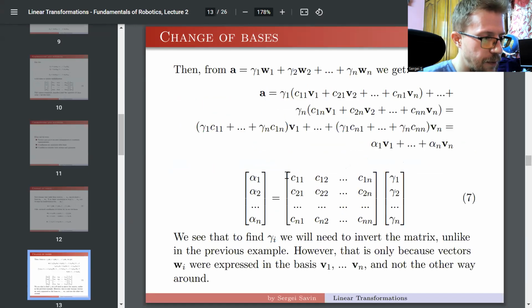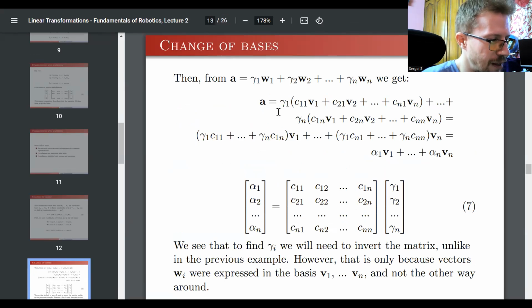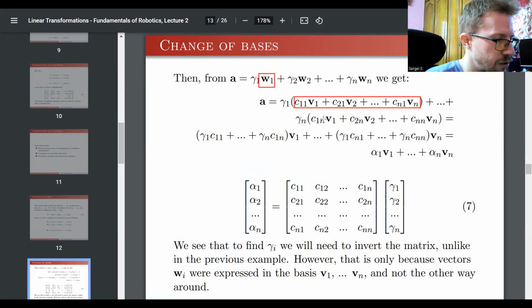Next is exactly the same step as before. So we know how omegas are expressed in terms of basis V. So instead of omega, we put their representations here, right? So you can see we just substitute the definition of what omega is in terms of basis V1, V2, Vn.